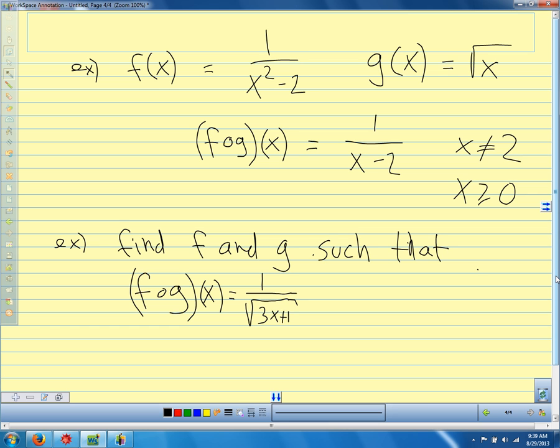So we want to find two functions so that we put them together in a composition and they make this function, 1 over the square root of 3x plus 1.